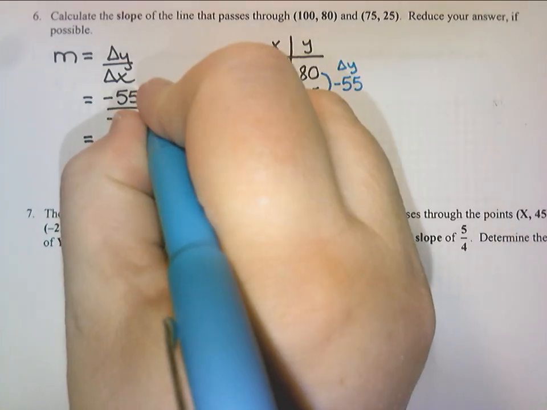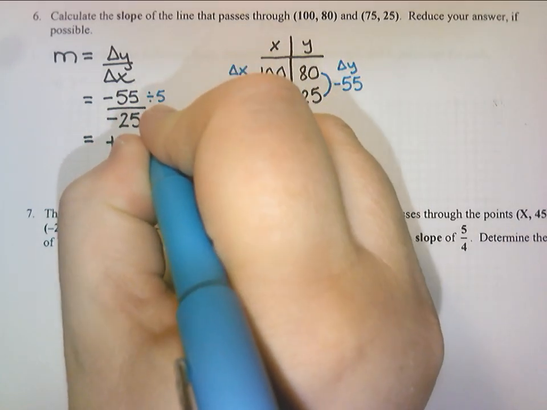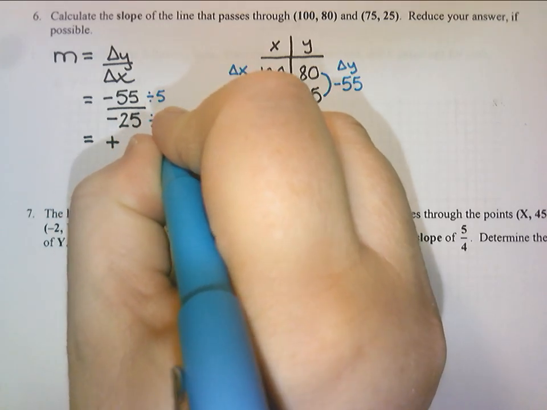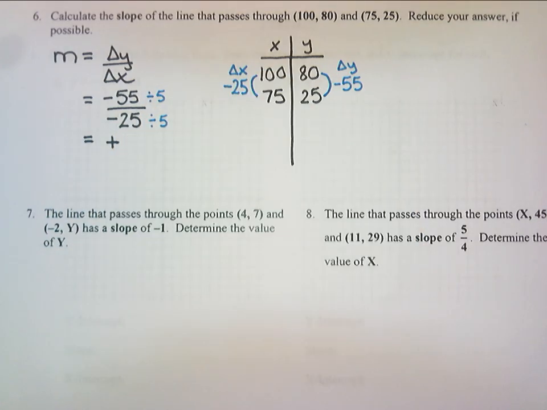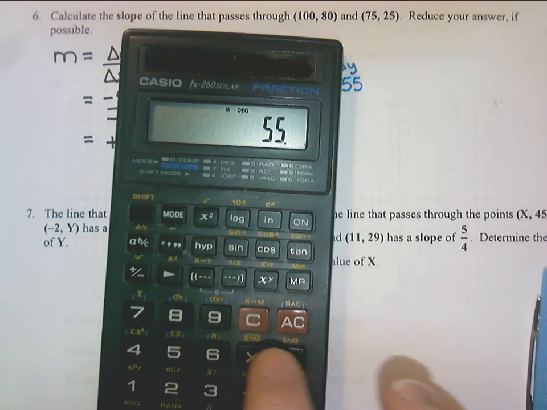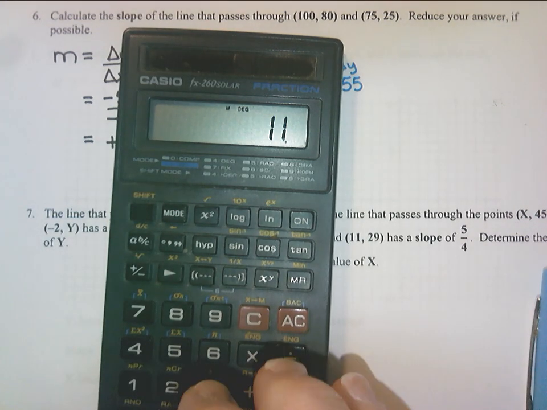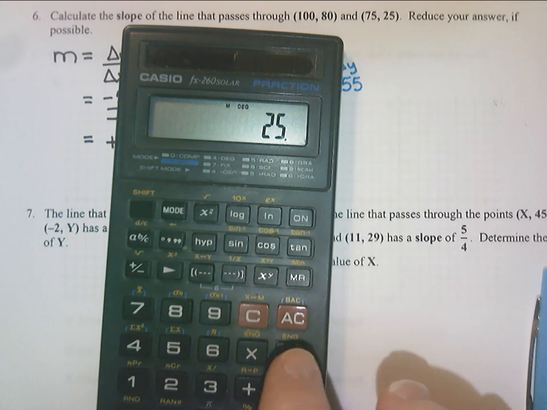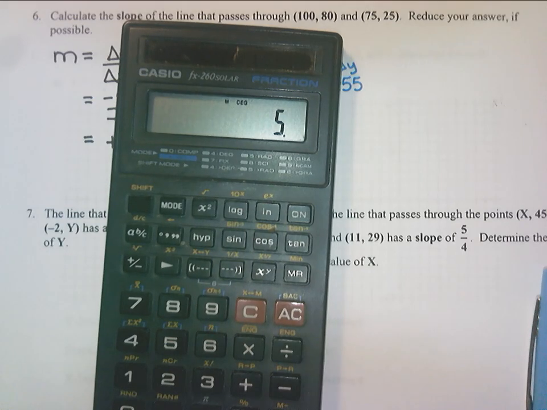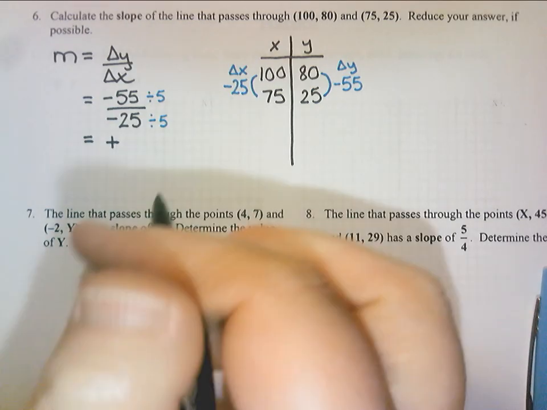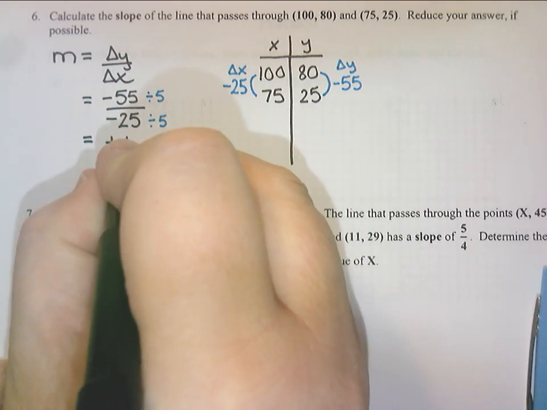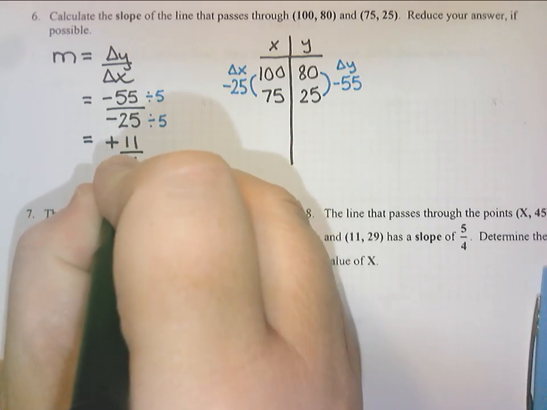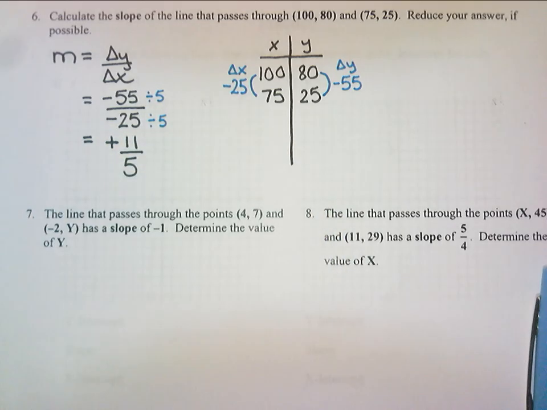So I am going to try to reduce this by dividing the top number and the bottom number by 5. So 55 divided by 5 is 11, and then 25 divided by 5 is 5. So this is going to be positive 11 over 5 as our slope.